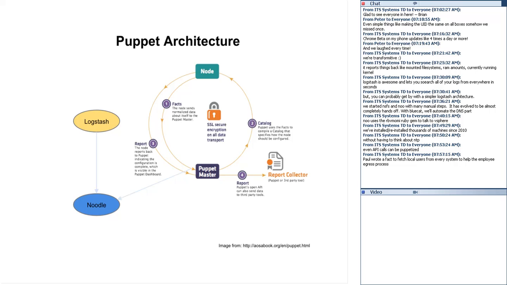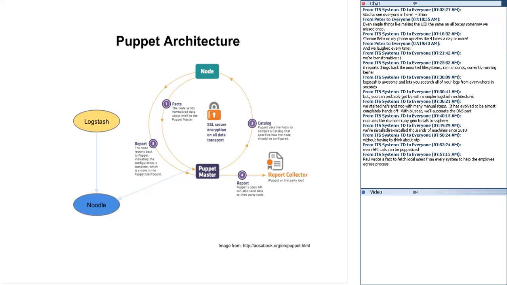So I drew in these boxes about Noodle and Logstash because Noodle is its own database where we define projects and parameters about our system. And since Puppet is already collecting all these facts, we wanted to get them into Noodle too, because Noodle for us is easy to query, and it's nice to have all the data in one spot.